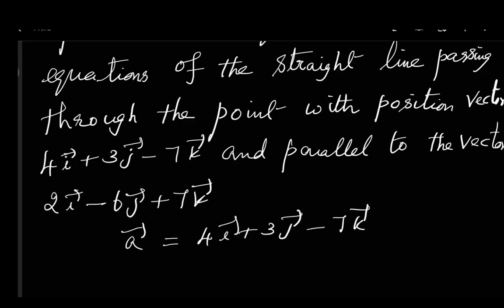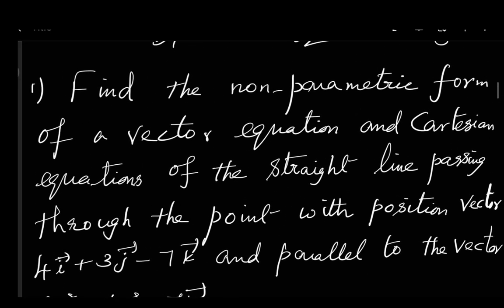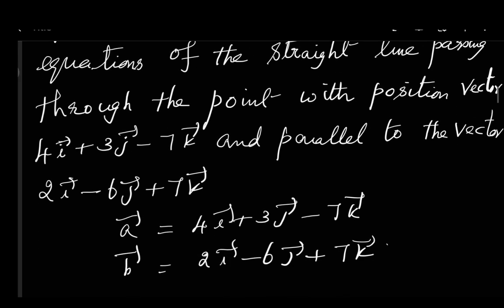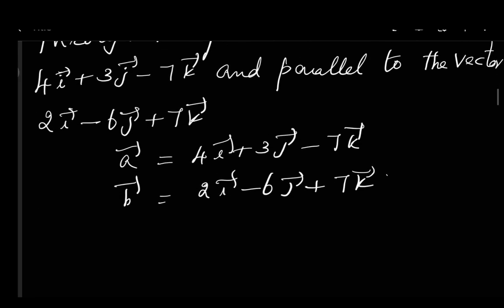And the parallel vector, we represent as B vector, 2i minus 6j plus 7k. So we are going to represent this in non-parametric form and Cartesian form. The first form is actually the parametric form, which is not asked here, but anyway, let me just mention the parametric form.